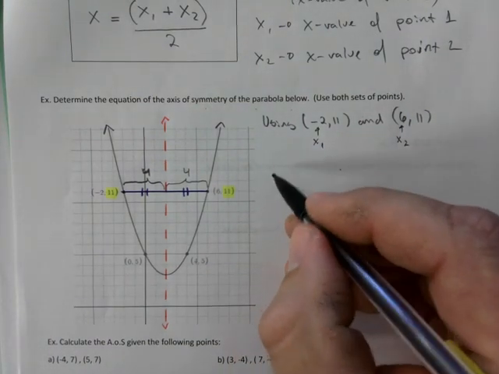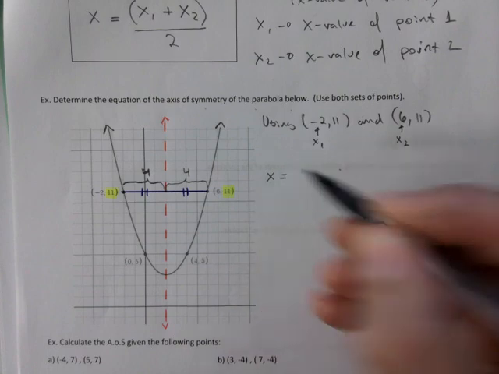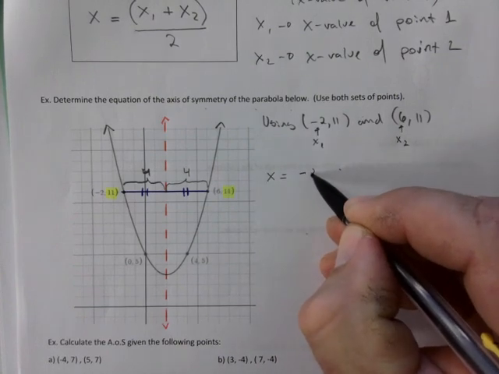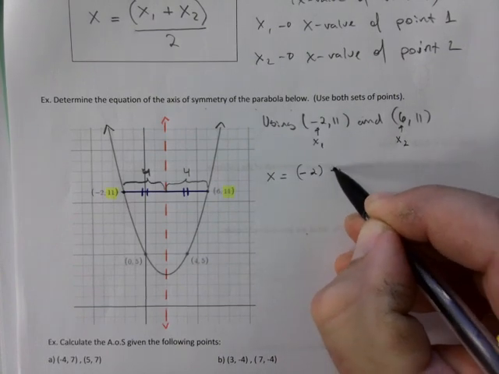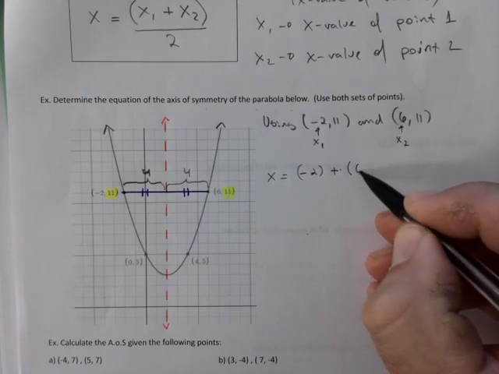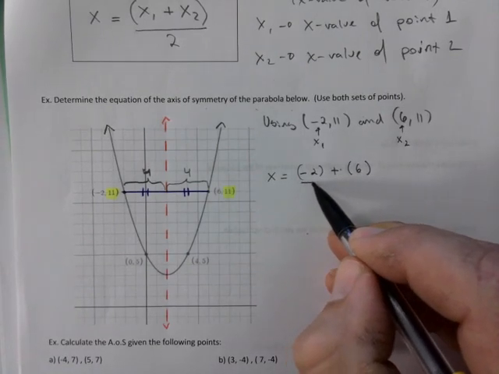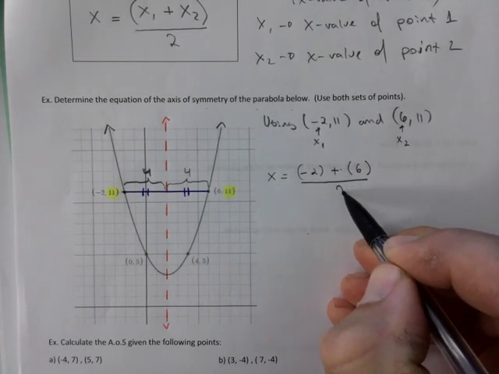And so here's how I find my axis of symmetry. X is going to be x1 plus x2 divided by 2. It's always divided by 2.